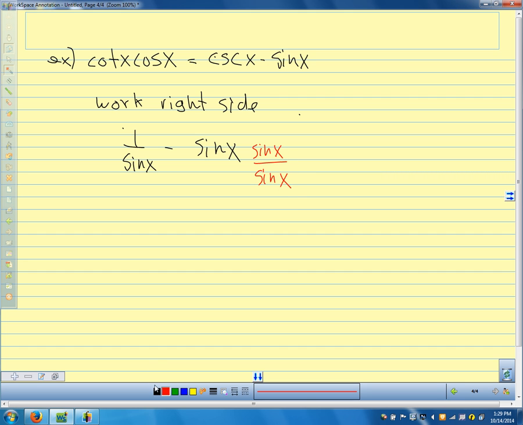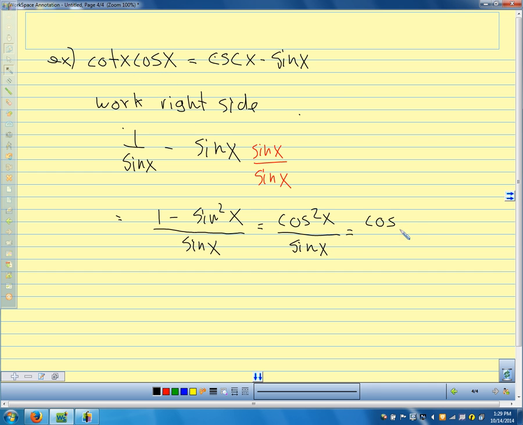This is looking good already. I have 1 minus sine squared x over sine x. 1 minus sine squared x is cosine squared x over sine x. Can I rewrite this as cotangent squared cosine x?